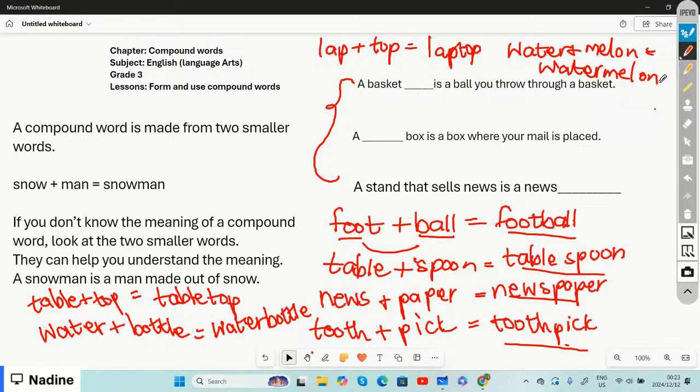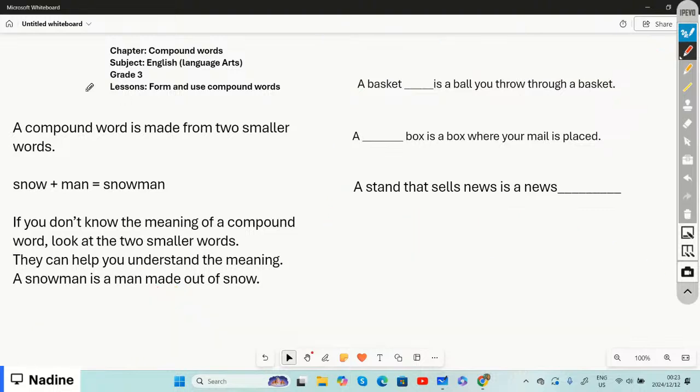All right, so our lesson for today is basically to form and use compound words. So we just created a few compound words, but now we're going to form and use compound words specifically by looking at the sentences also.